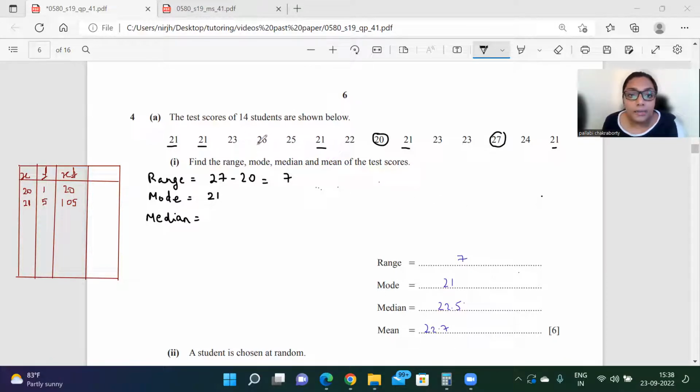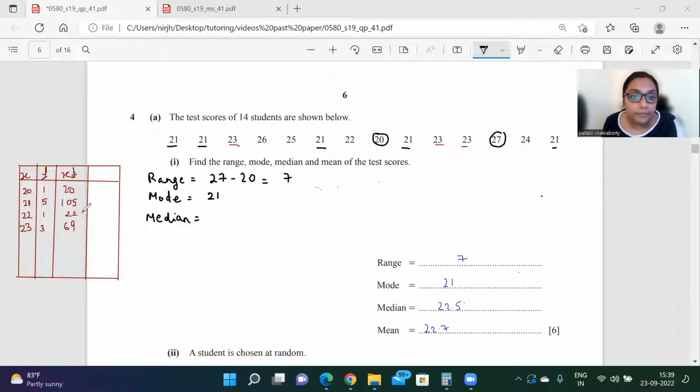Moving on, the next data point is 22. Let's see how many times 22 is appearing. It is only once. So the frequency is 1 and this is 22 itself. Next point which we have is 23, which appears thrice, 1, 2, and 3. So we have 23, which appears 3 times, and this becomes 69.